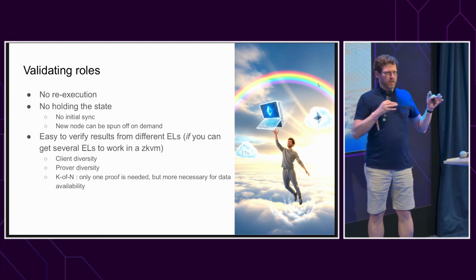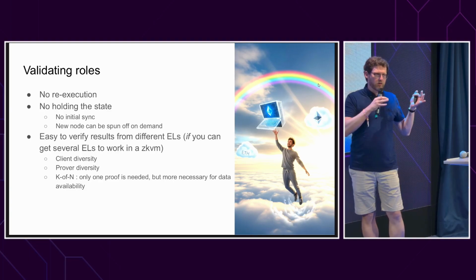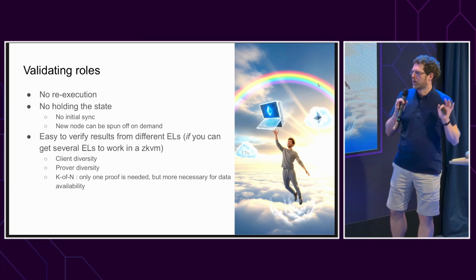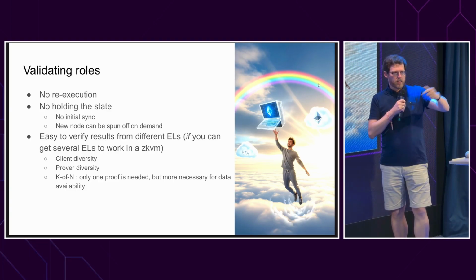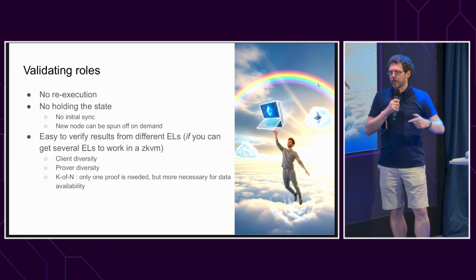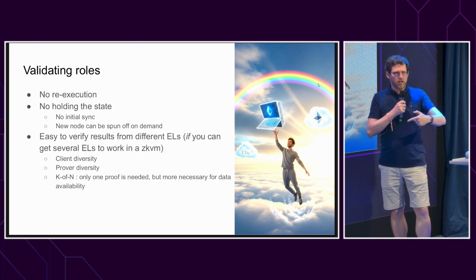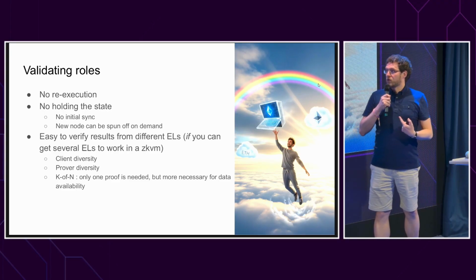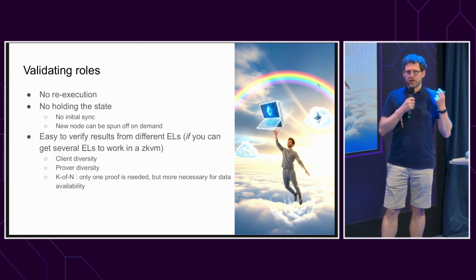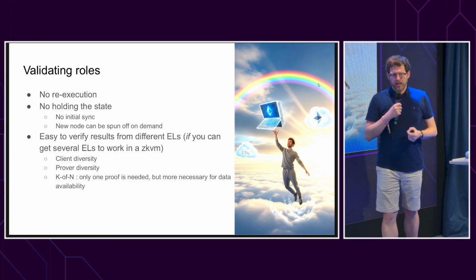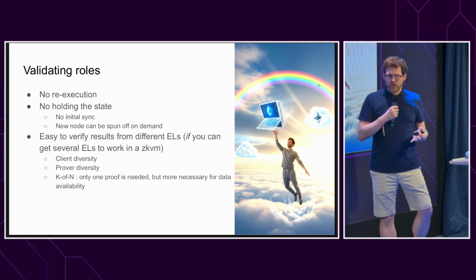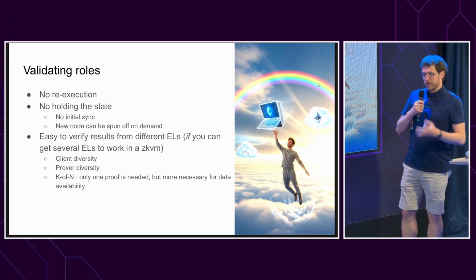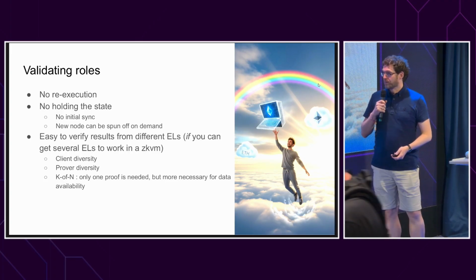You have a main client, which at the time was Geth, maybe today would be Nethermind, and then you would take that block and that witness and re-execute with the stateless client version of Geth, of Reth, of whatever. So you could do it very simply and very cheaply. You could do client diversity inside your own machine.